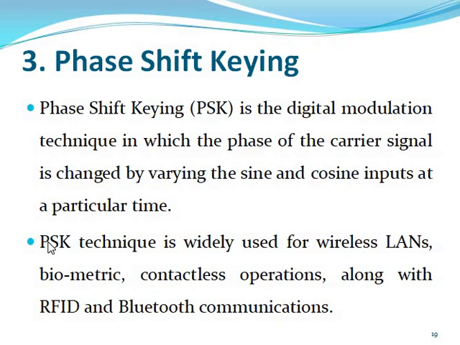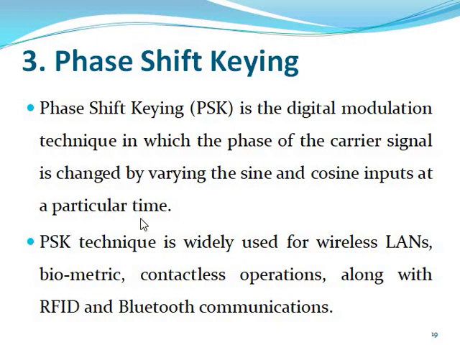This is important for modulation, because in retina or biometric scanning, all the scanned parts and the data saved in image form are also represented in frequency modulation based on the sine and cosine wave. So this is the importance of the phase shift key.